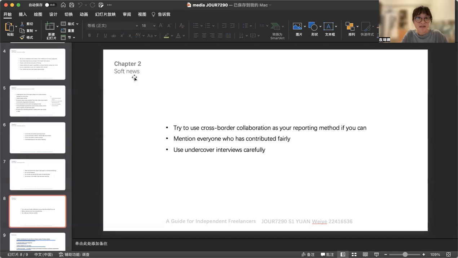The last one is about soft news. I know there are a lot of people very concerned about parachute journalists, because they lose their neutrality, and maybe they have stereotypes. So try to use cross-border journalism as the reporting method, because you have plenty of time.